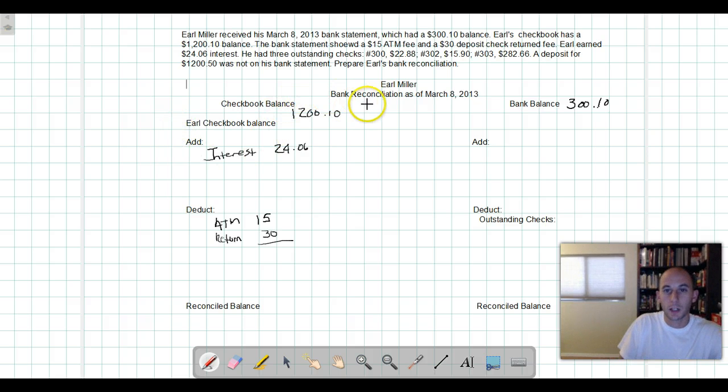Again, outstanding checks are checks that we have written out of our checking account. We know that we have written them, but the bank has not seen them yet. So we have to reduce our bank side balance by those amounts.